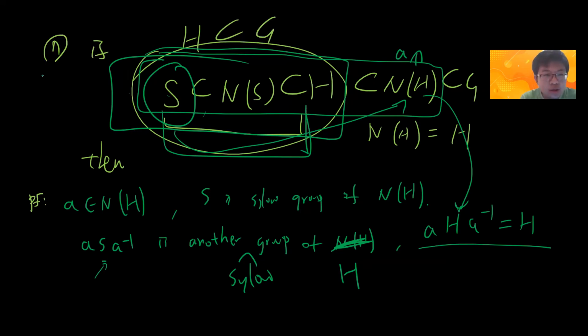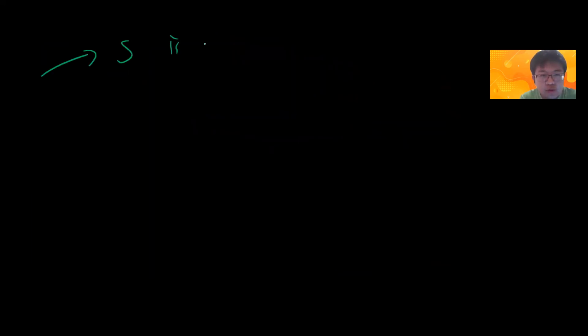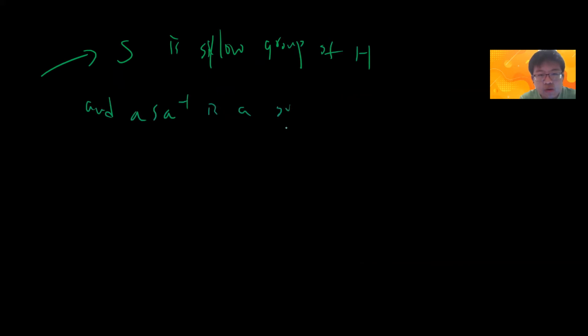So I have S is a Sylow group of H, and A S A inverse is a Sylow group of H. So they are conjugate to each other by the second Sylow theorem.